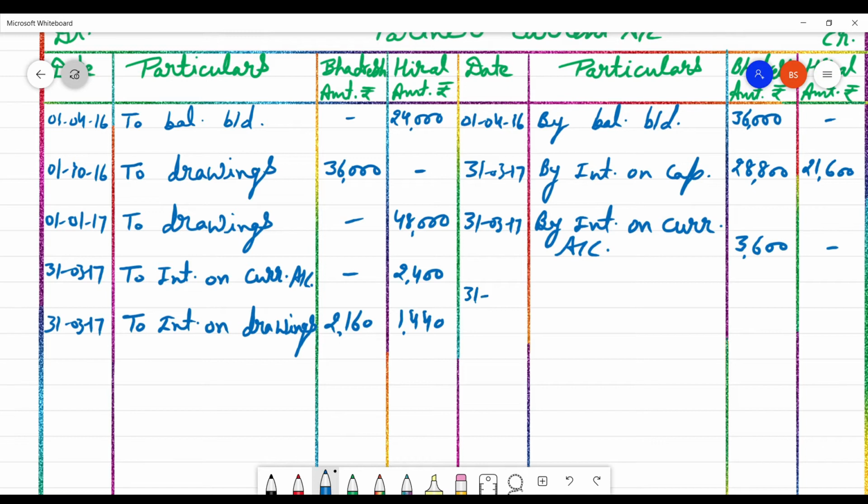Last date, by salary, and in the column of Bhadresh we will write down 28,800.